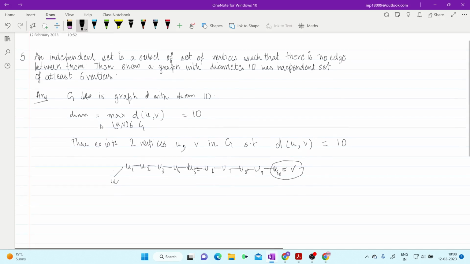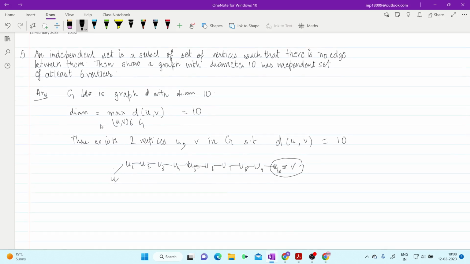With this data, that this is the shortest path between u and v, can you give me 6 vertices which are independent? Ma'am, u, u2, u4, u6, u8 and u10.